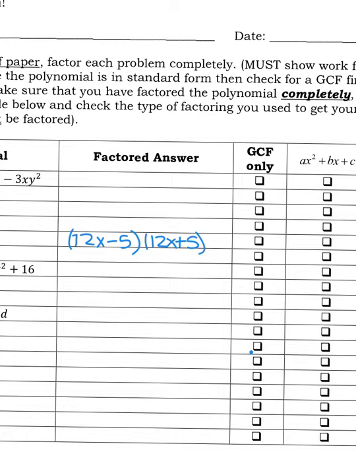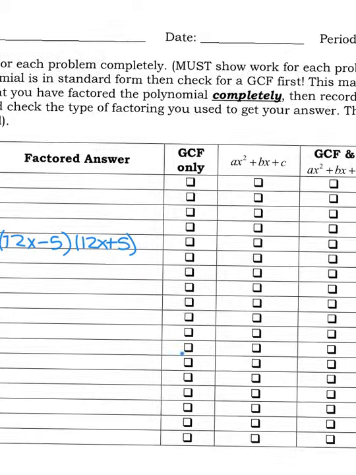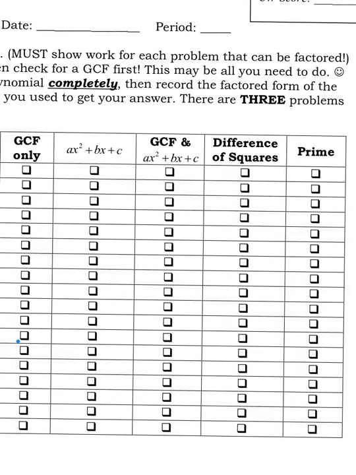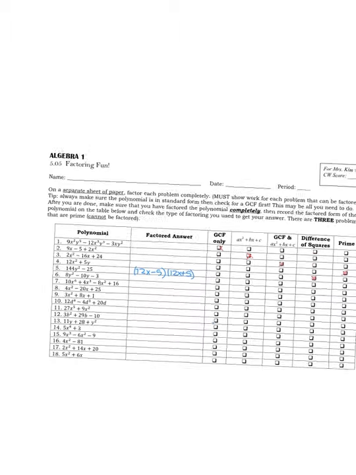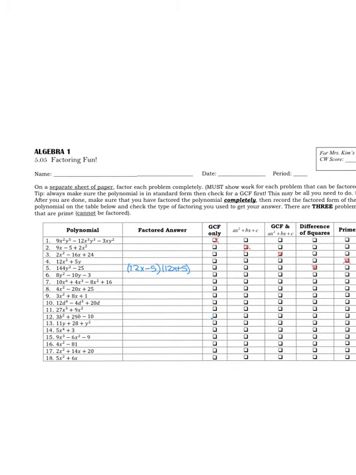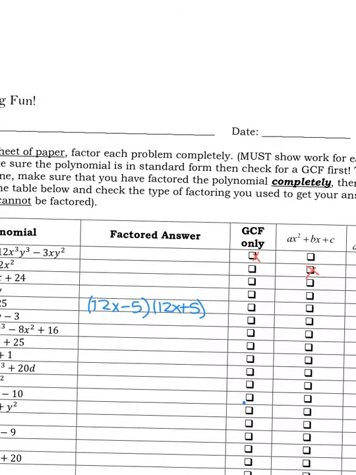And then if we look over here, there is a column for difference of squares. So this one was prime, this one was this one, and that one, and that one, just to show us all of those, if you have all the answers filled in. So on your paper, you would have all of these factored into one place.